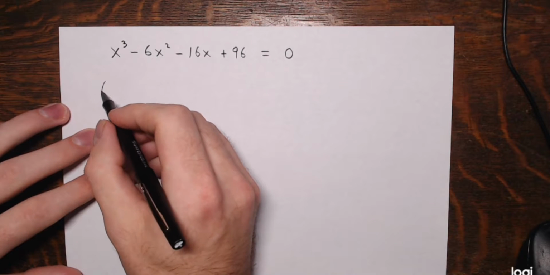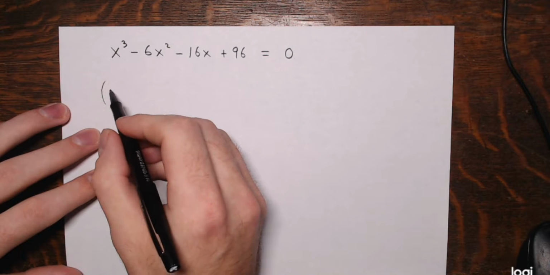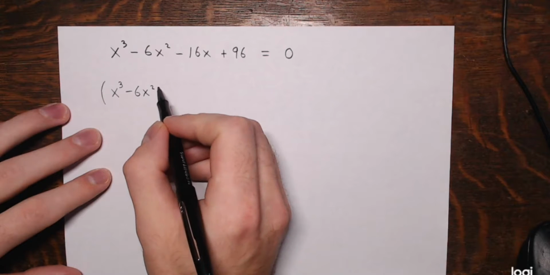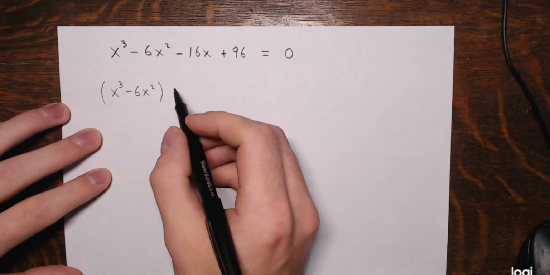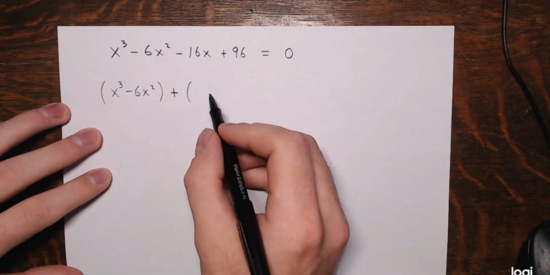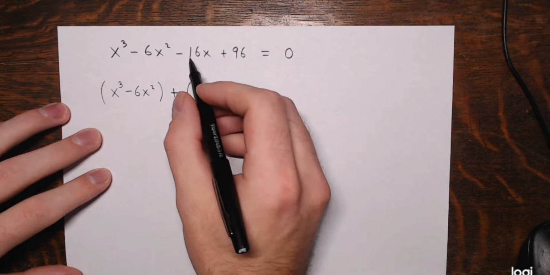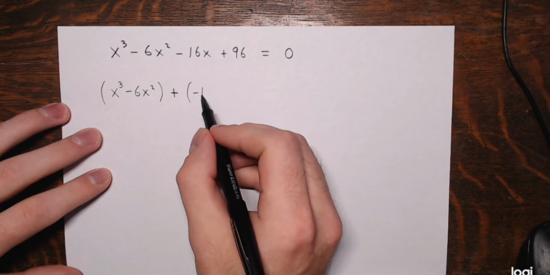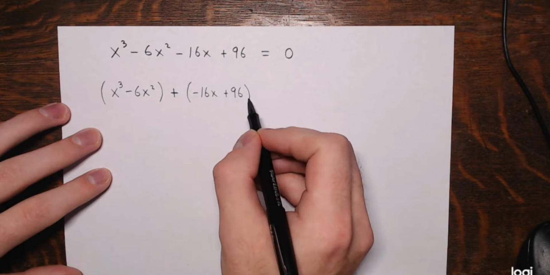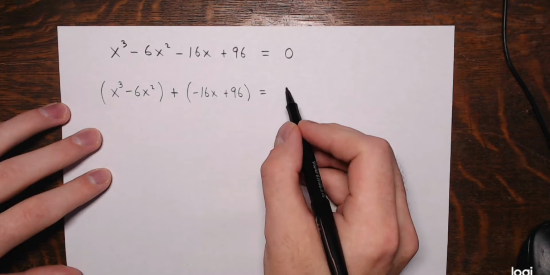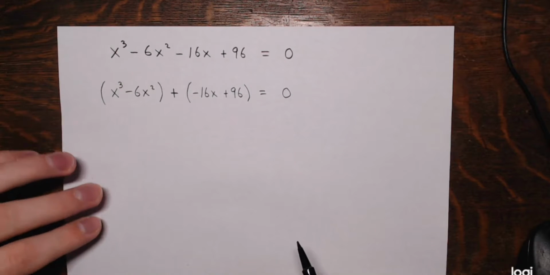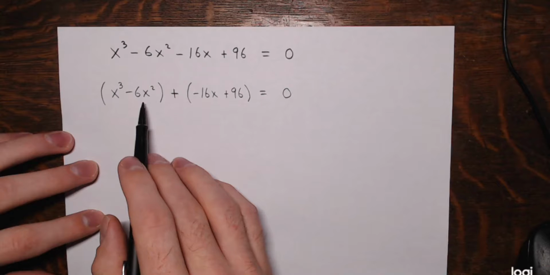In one group, I put the first 2 terms, x cubed minus 6x squared. And then I personally like doing this, big plus sign, plus, and then in the second group, the next 2 terms, which is negative 16x plus 96. And then we still have the equals 0, and we're not done. We haven't factored anything yet. Then I go in and factor each group separately.